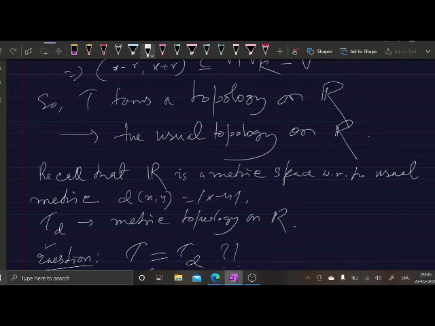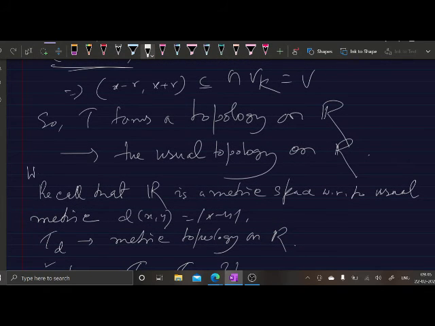Usual topology. So with respect to the usual topology, we call the space R tau as the real line.